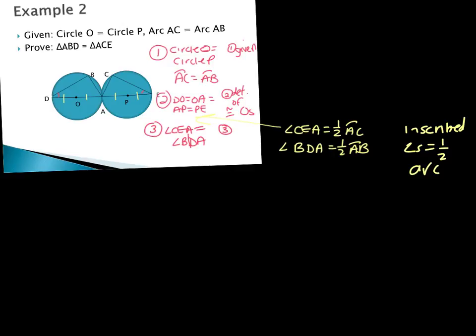And then you would say that angle CEA equals 1/2 arc AB, and that's substitution. We said that AB is equal to AC, and then we switch the value out. That's substitution, and then we can get to 3 with another substitution.